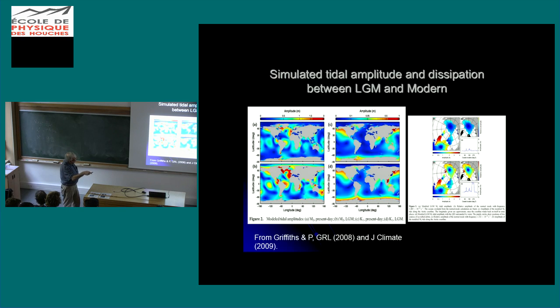But if you look here on the right, what you see under LGM conditions, glacial maximum conditions, is in the Arctic basin, for example, where the tidal amplitude today is almost zero. Because under glacial conditions, all of the Barents Sea was covered by ice, and all of Bering Strait was exposed land.